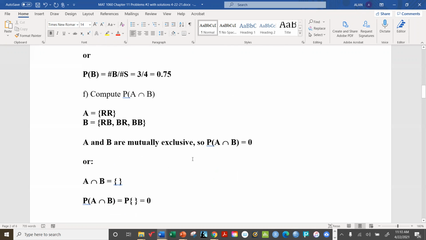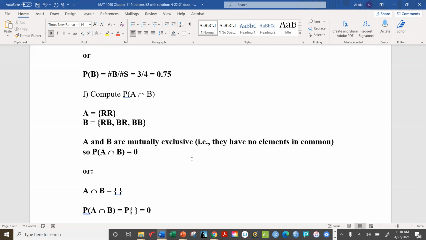And actually, let me make a note here. So because they have no elements in common, that guarantees that the probability of that intersection is 0. The other option you have is to simply write out the elements that belong to that intersection, but you'll see very quickly that that's the empty set.